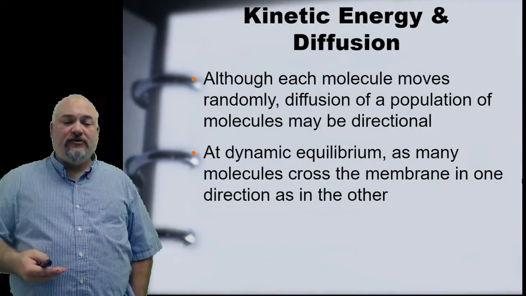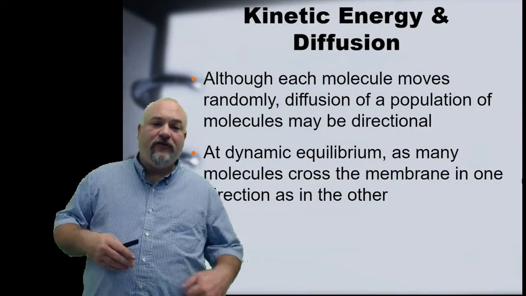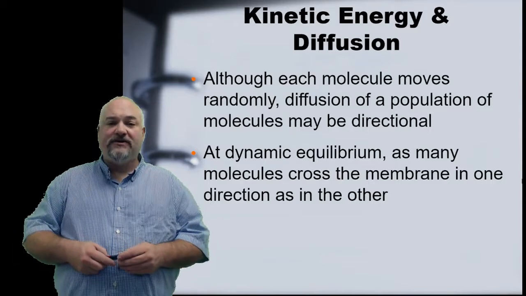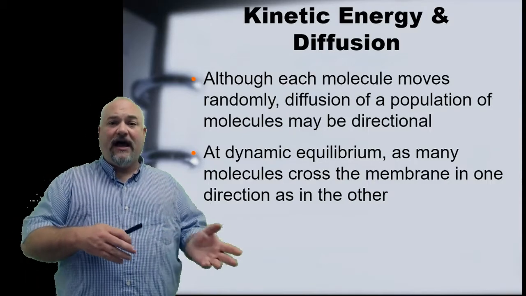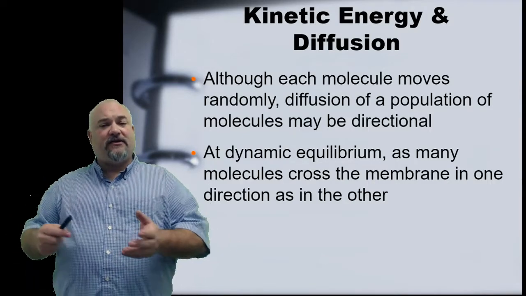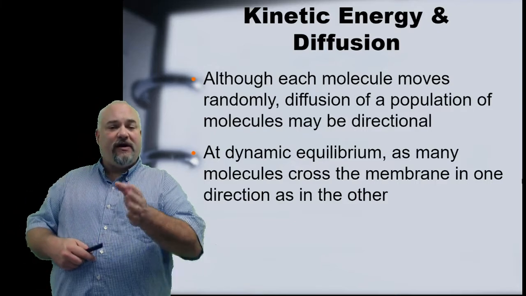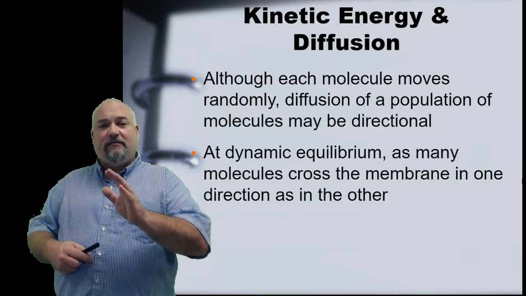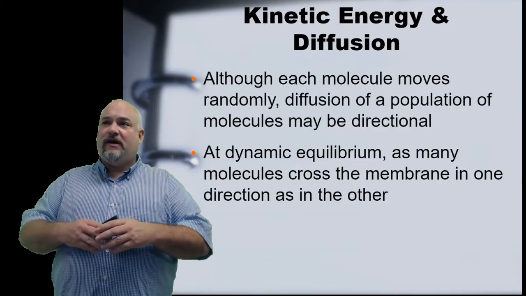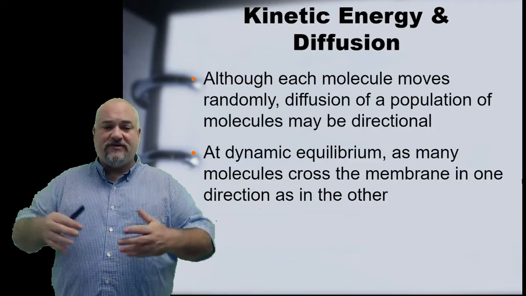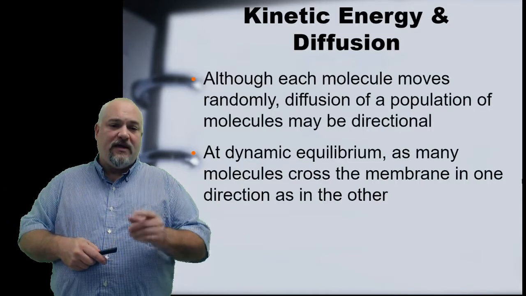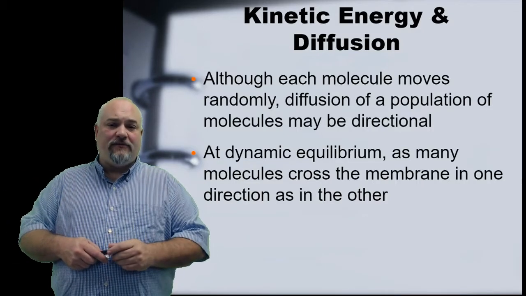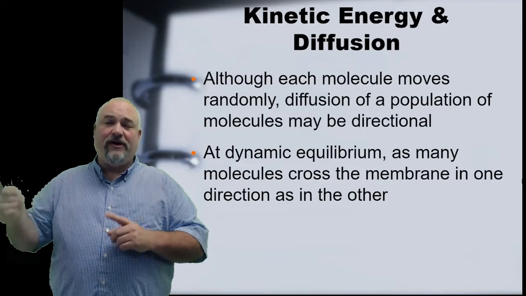Now, although each molecule moves randomly, diffusion of a population of molecules can be directional. Like I said, high to low, or across a particular membrane, for instance. If we have a membrane in the middle, it can mess with that. But generally, they go from high to low and spread out unless something else is messing with it. At the dynamic equilibrium, as many molecules cross the membrane in one direction as the other.